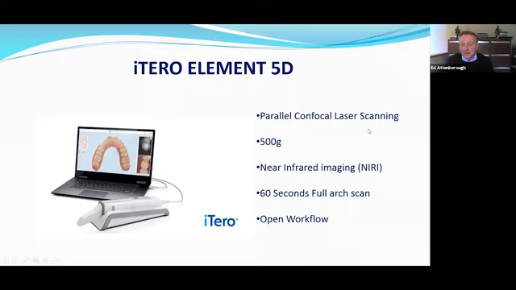The weight is around 500 grams, and it uses near infrared imaging, which is quite nice actually, because infrared will penetrate soft tissue and tooth structure to a certain extent. So that gives certain advantages in terms of detecting internal caries in teeth and also being able to record subgingival margins. The scan is typically around 60 seconds for a full arch.